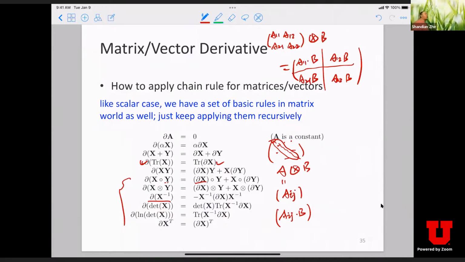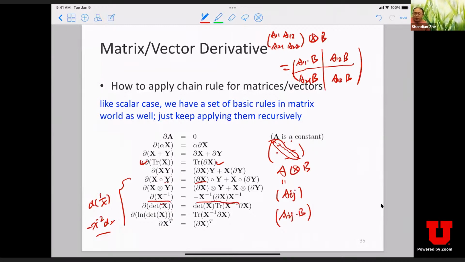And the derivative of x inverse. It won't be as easy as the derivative of 1 over x, which is minus x to the power of minus 2 dx. It won't be that easy, because here x is a matrix. And of course, we're going to assume x is invertible. So the derivative of x inverse is defined this way.